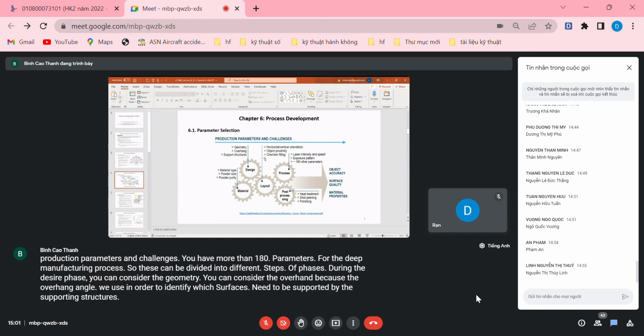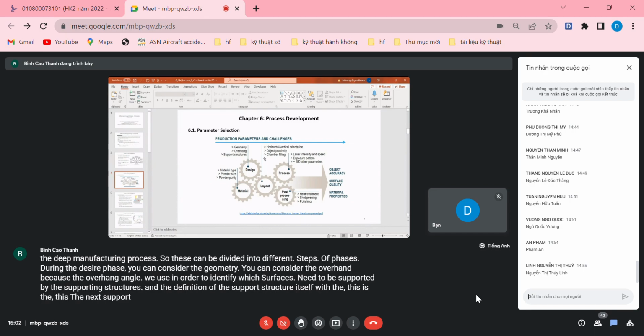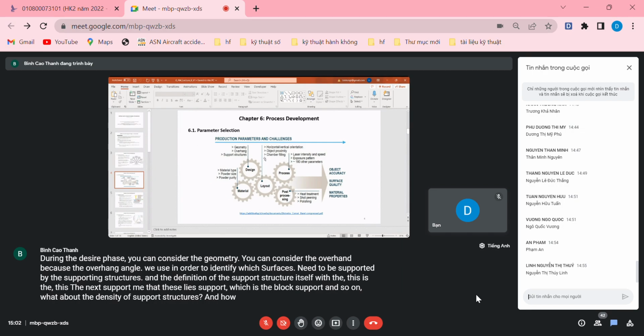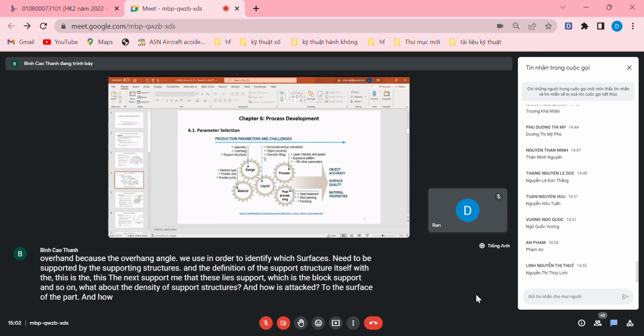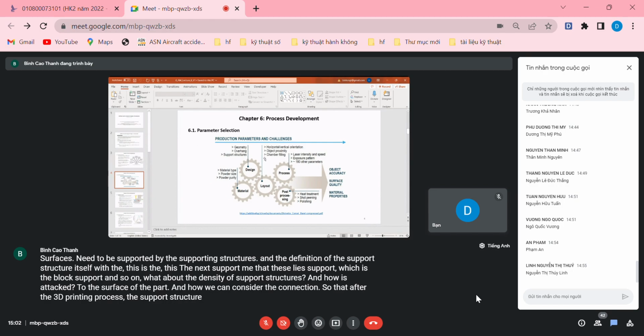And the definition of the support structure itself, whether this is net support, line support, or block support, and so on. What about the density of support structures and how they are attached to the surface of the part, and how we can consider the connection so that after the 3D printing process, the support structure can be easily eliminated from the part surfaces.